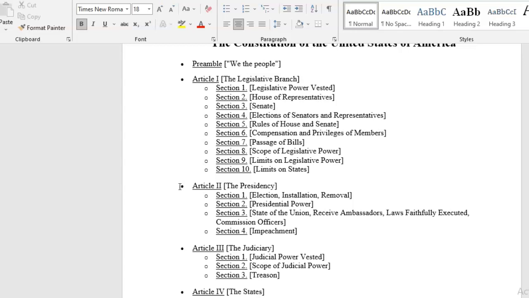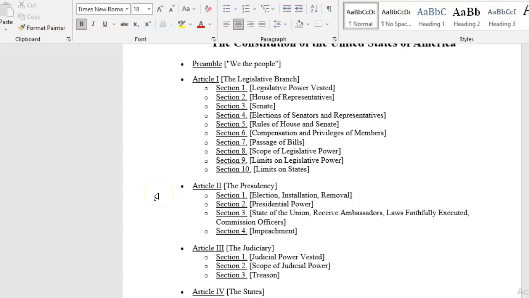This document was not made to lay out your rights. Your rights are inherent. They come from God. This document was laid out to put limits on government. That's the whole point of the Constitution: to draft out what you're allowed to do, and everything else, all the other rights, are retained by the people. So the document spells out how the government is supposed to work.